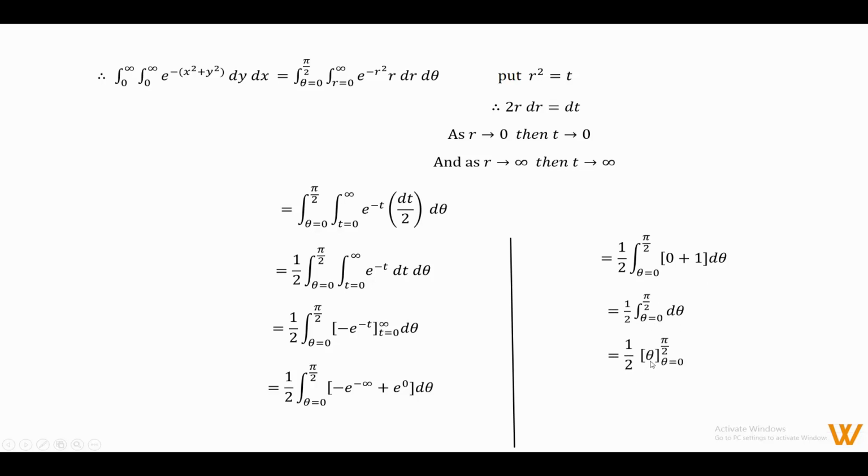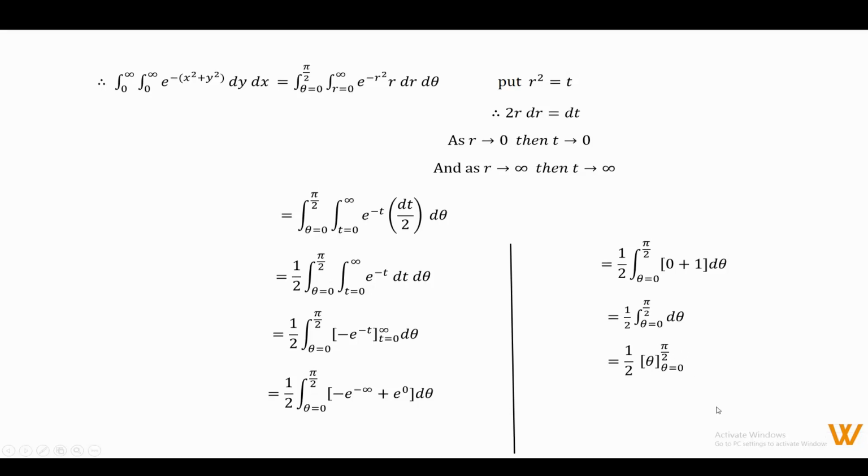So 1/2 inside the bracket theta, and theta varies from 0 to pi by 2. Now first put the upper limit theta is pi by 2, minus the lower limit 0. So 1/2 inside the bracket pi by 2 minus 0, and this is equal to pi by 4.